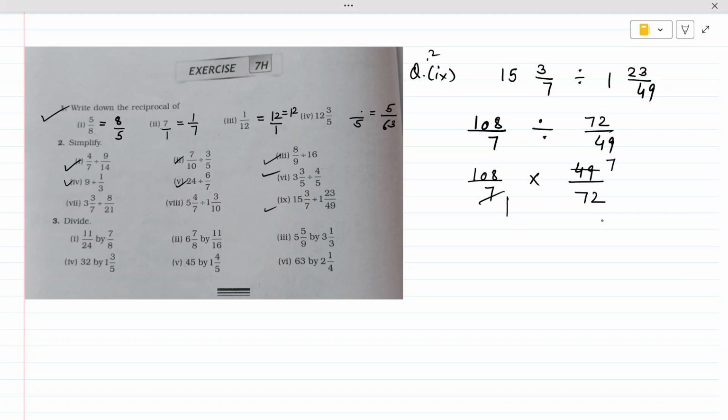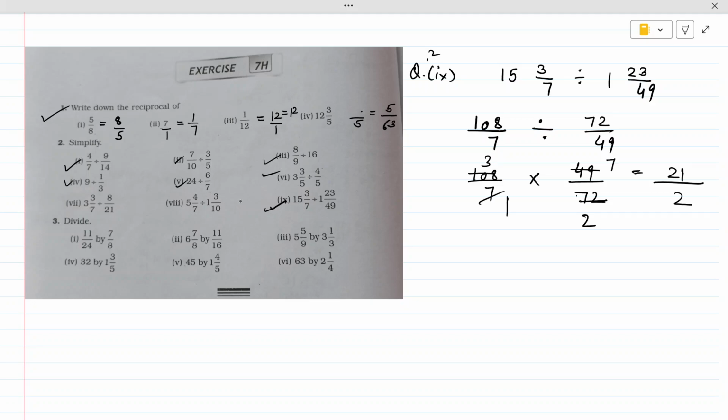So we have 36 into 2 as 72, and then 36 into 3 is 108. So in the numerator I have 3 into 7, 21. In the denominator, I have 1 into 2, which is 2. So this is the answer.